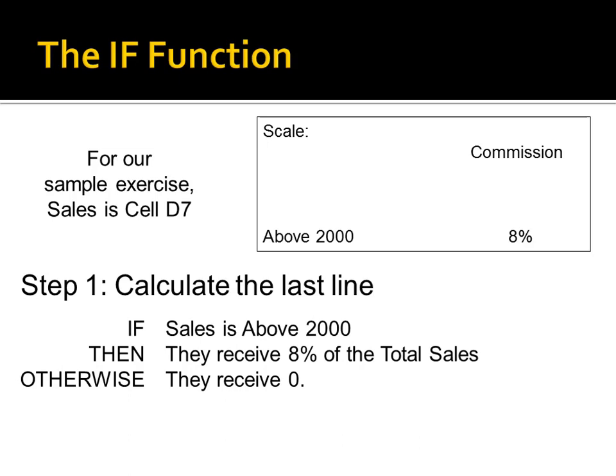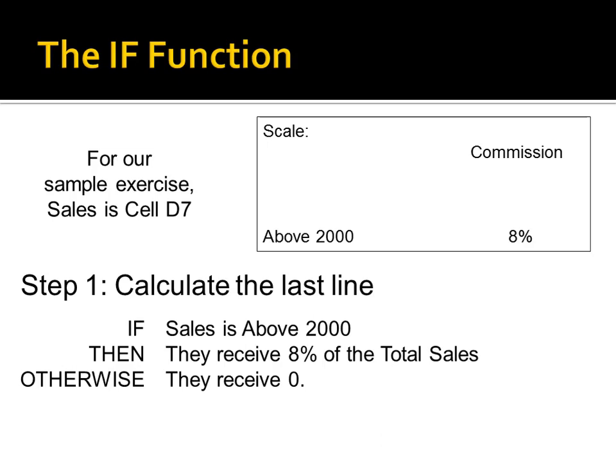I like to create this if, then, otherwise in my brain or on a sheet of paper just like this. And I try to figure out that function using this if, then, otherwise. So if sales is above 2,000, well, it does say in my chart up there above 2,000, then they receive 8% of the total sales.